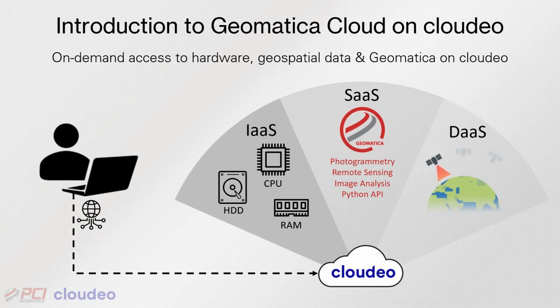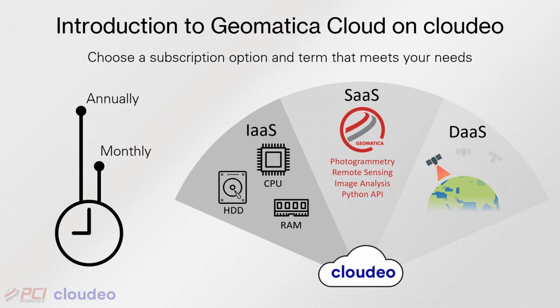And then, of course, data services such as satellite, DEMs, and derived products. So all of this can be specified for a specific time period or project and then scaled up or down for the next. So once again, very flexible, very easy to access. Furthermore, the subscription terms are highly flexible with monthly or annual options, which means that there is no project out there that's too short or too long to take advantage of Geomatica Cloud on Cloudeo.